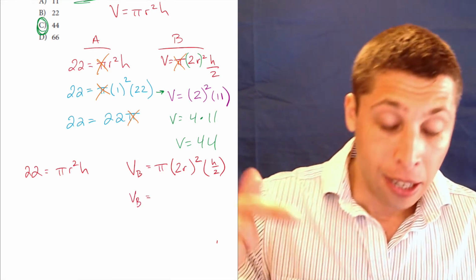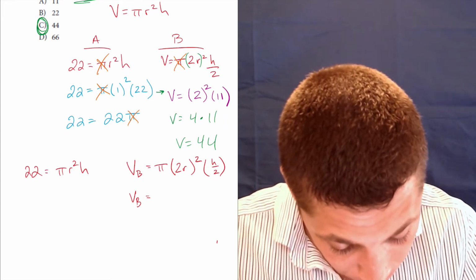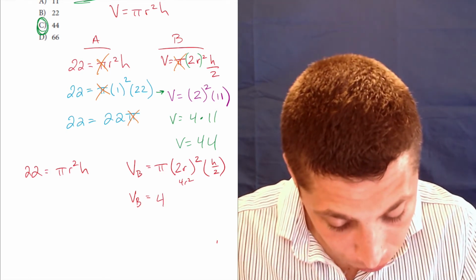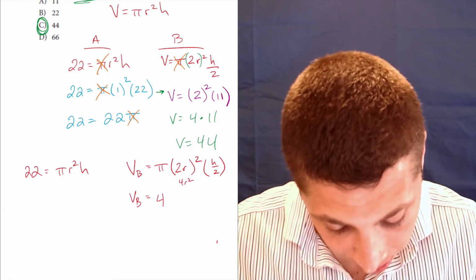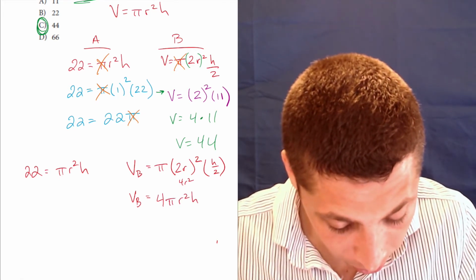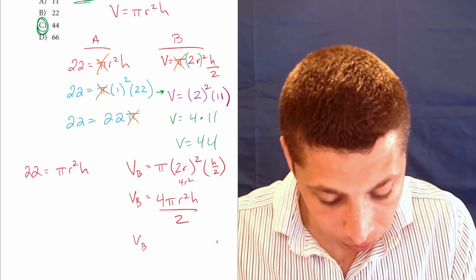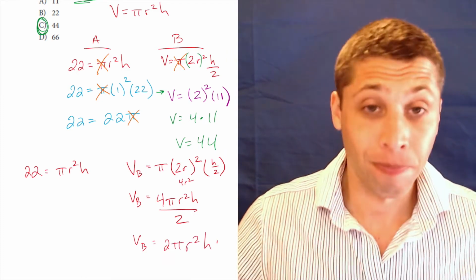So 2r, the quantity squared, is 4r squared. And that's going to allow me to do 4r squared, or 4 pi. Can't forget the pi. I'm not cutting it out in this situation. 4 pi r squared h over 2. And so I can even reduce that further to get 2 pi r squared h.